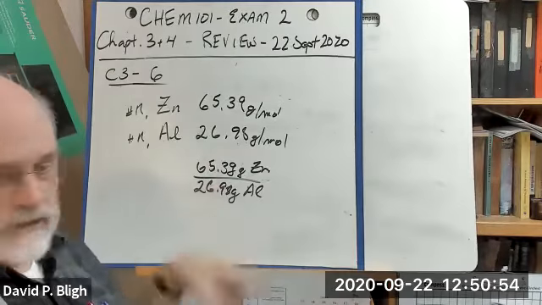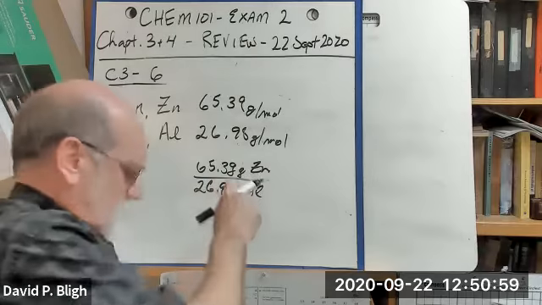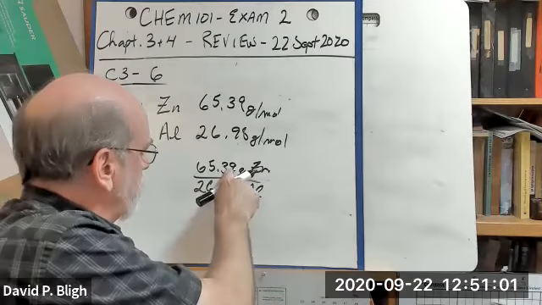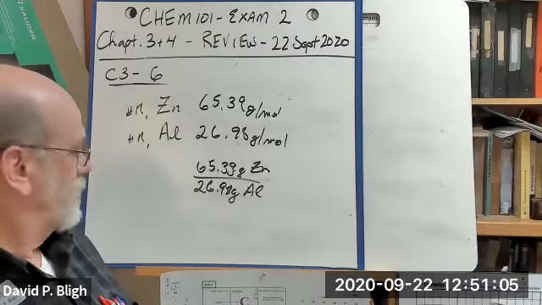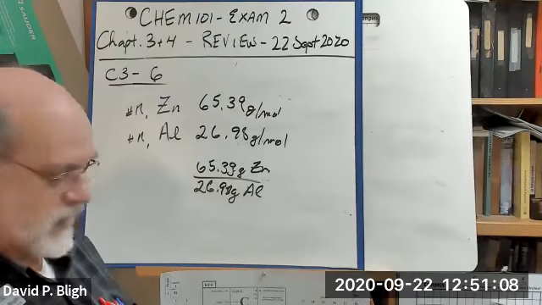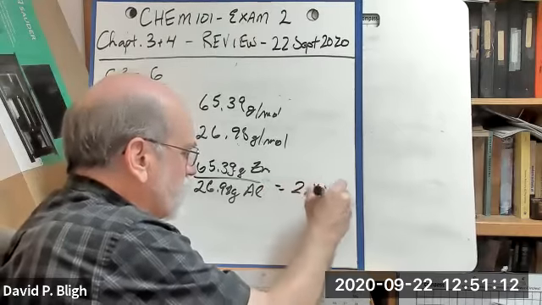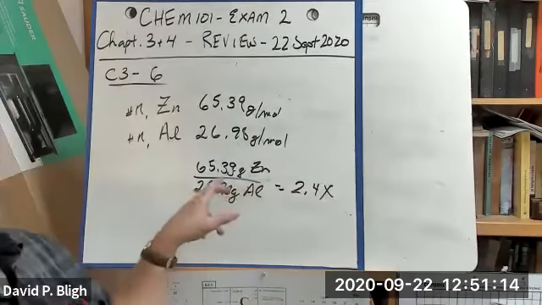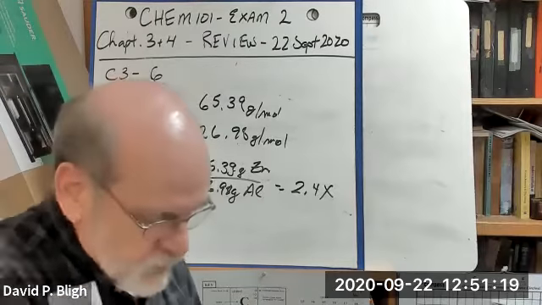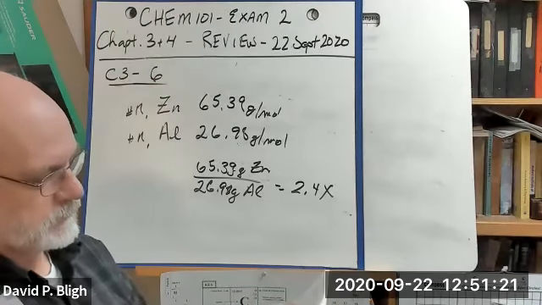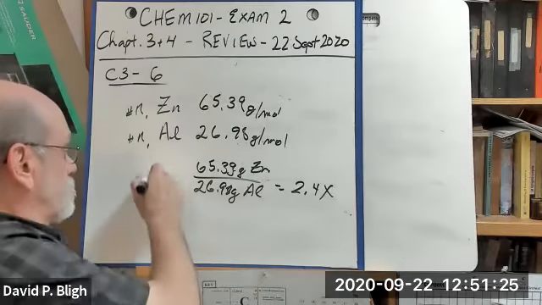So the ratio of these two would be what? 65.39 and divide by 26.98. 2.4. 2.4 times. So the zinc sample is 2.4 times as heavy as the aluminum sample. Is that true in statement A? Yes, it's more than twice. So A is true.